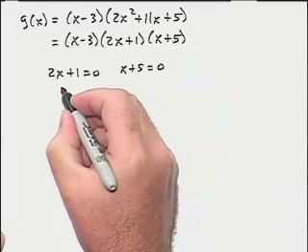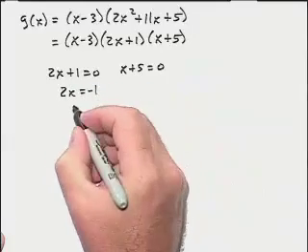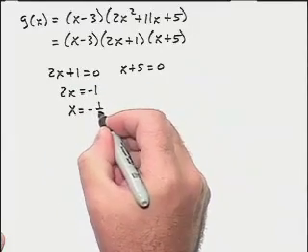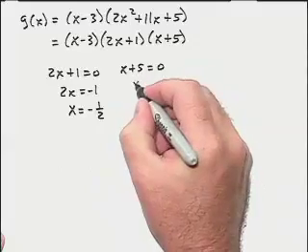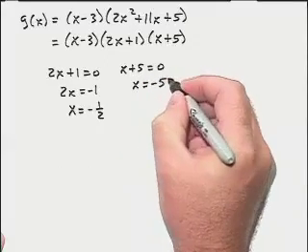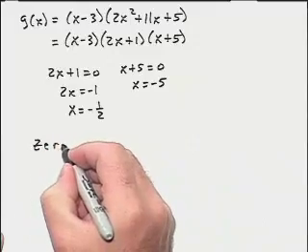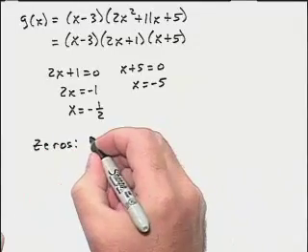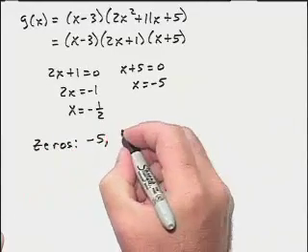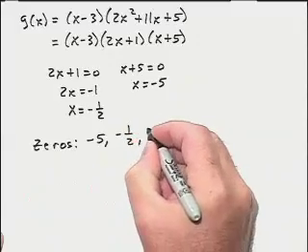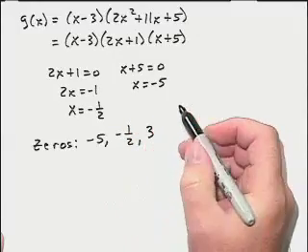So solving this equation, we get 2x equals negative 1, or x is negative 1/2. For this equation, we'll end up with x is equal to negative 5. Therefore, the zeros for our function are negative 5, negative 1/2, and 3.